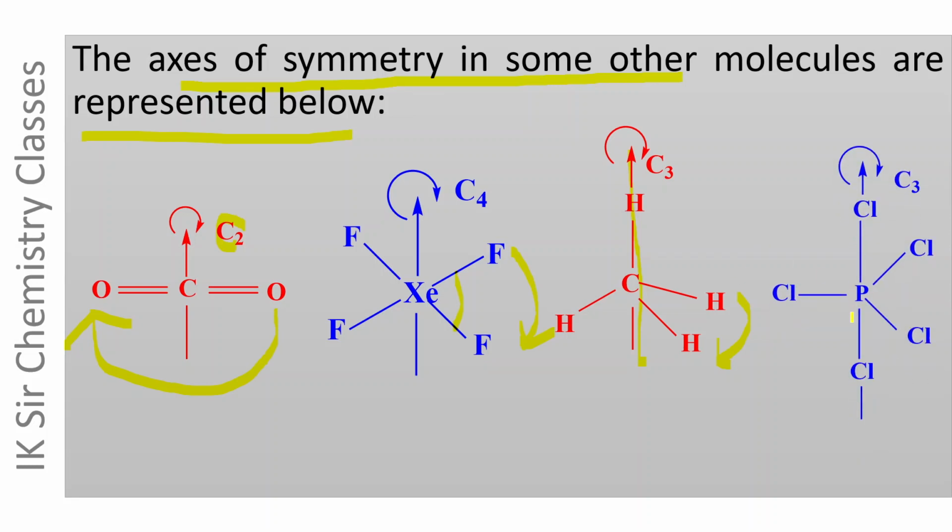And in PCl5 molecule having trigonal bipyramidal shape, this axis is also C3 because the rotation of PCl5 molecule about this axis by 120 degree produces an indistinguishable orientation, and hence this axis is C3.